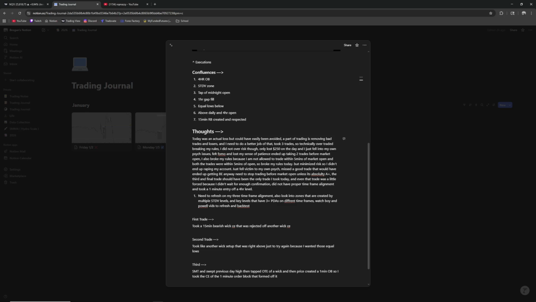Just mark where all of them overlap, and it normally creates a pretty good zone for your reversal. And then just having key levels with 3+ PDAs on different time frames. Just refresh with like Boy and Powell's videos.